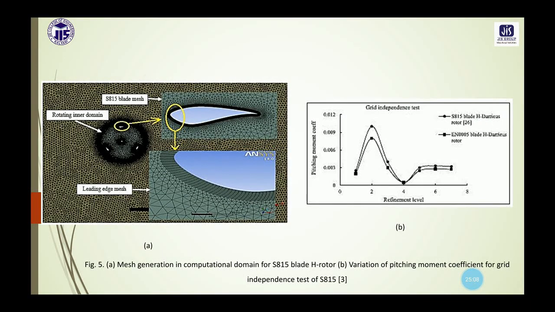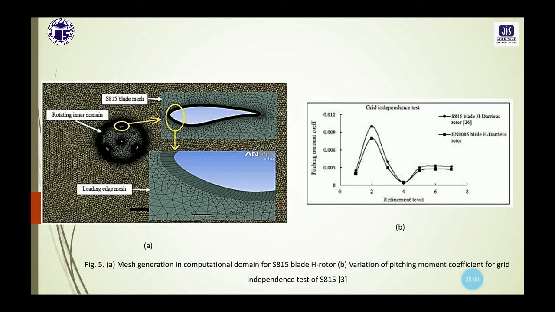After the geometrical modeling part, we need to perform the meshing or the discretization. We know that in this step we subdivide the total domain into several small finite elements. Here you can see that the meshing is done, and the triangular shaped elements can be seen in the leading edge mesh.